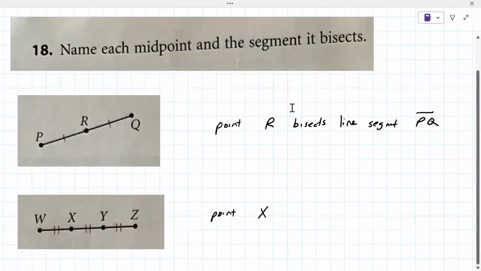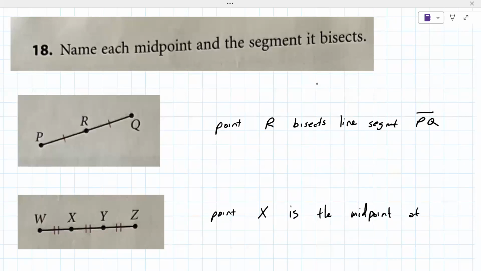Actually, I'm sorry. I shouldn't use the word bisects. I should just say, well, I guess they did use the word bisect. Okay. I'm trying to be really careful here because you're not supposed to add or take away words. You're supposed to just use what they give you. So the other way you could say it is what I'm going to do here, which is point X is the midpoint of WY.